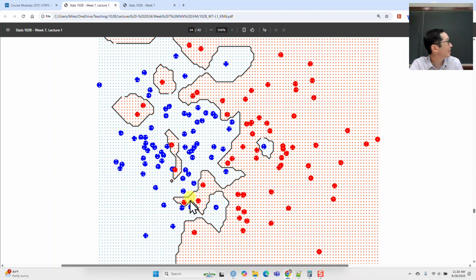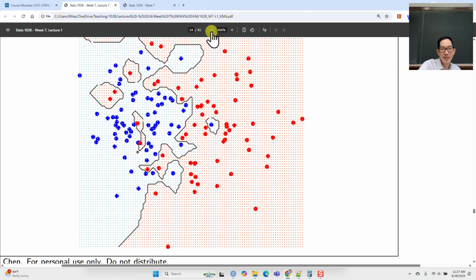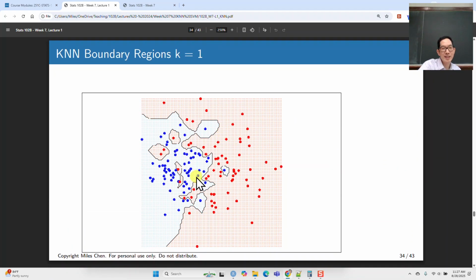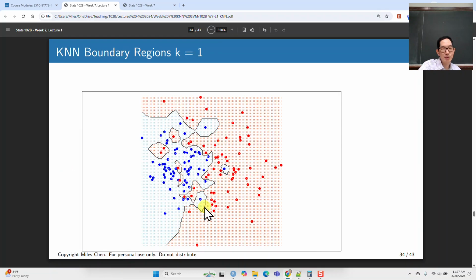And so these dots out here have managed to carve out their thing. And so we would say this is going to be very subject to any kind of noise, any kind of random things, okay?